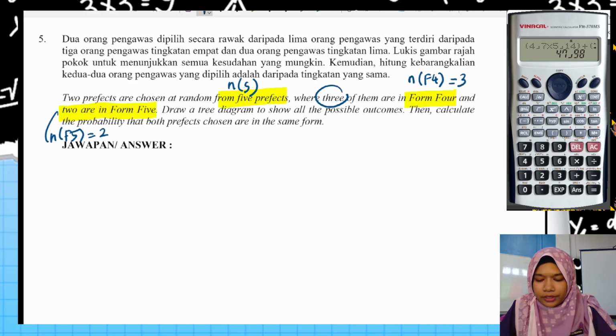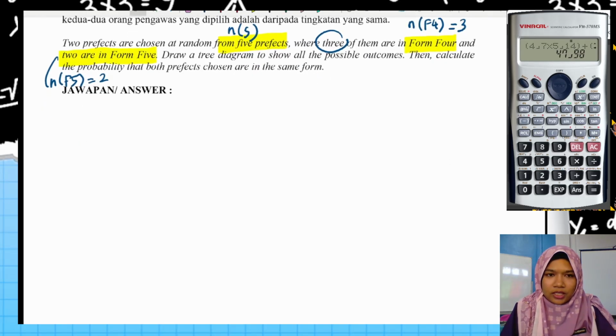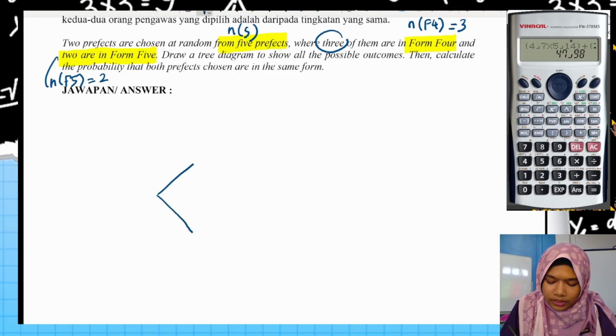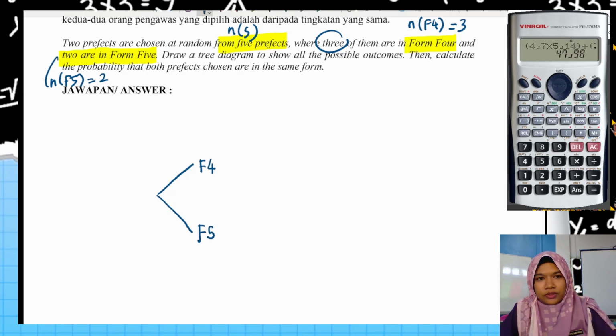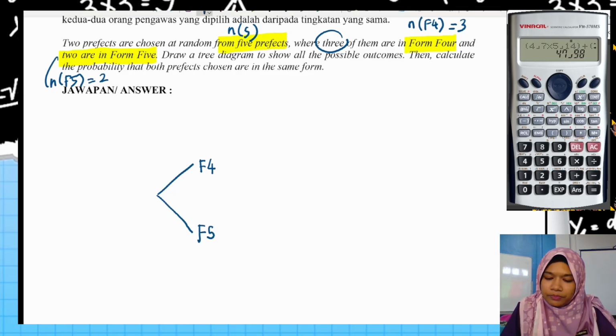Draw a tree diagram to show all the possible outcomes. Then calculate the probability that both prefects chosen are of the same form. Ni macam mana ni? You have Form 4 and Form 5. What is the probability to get Form 4?